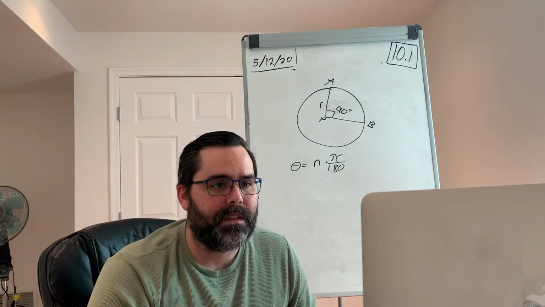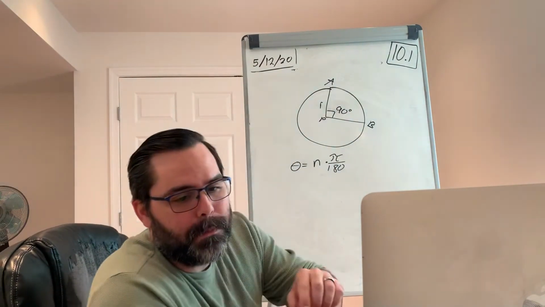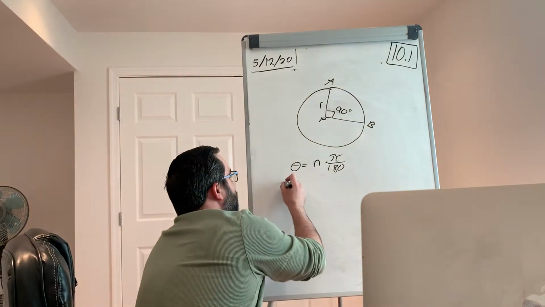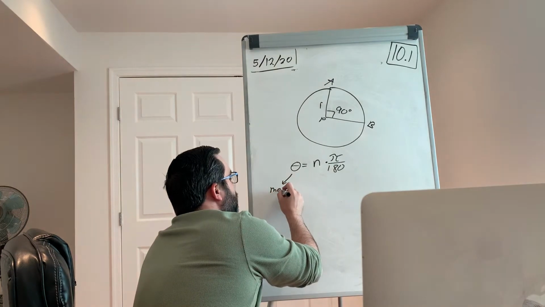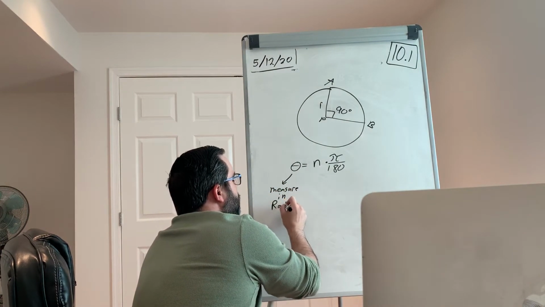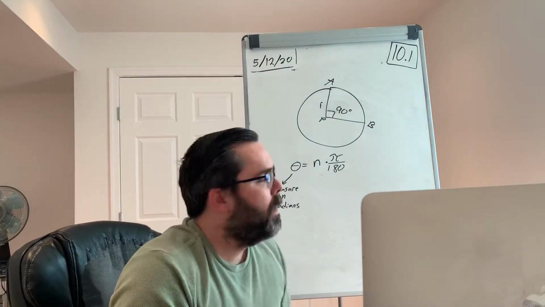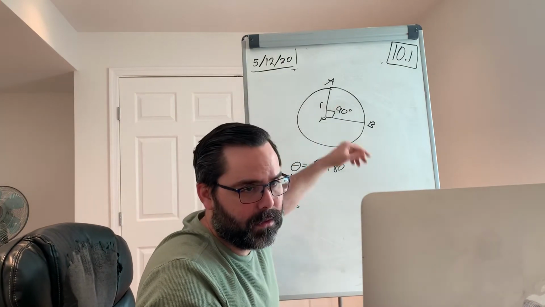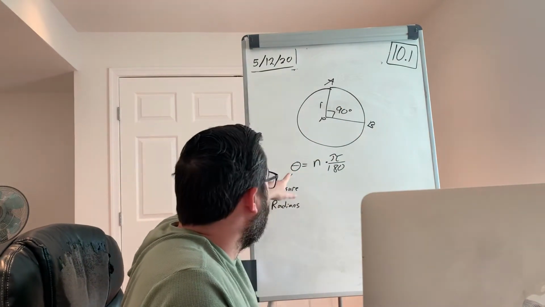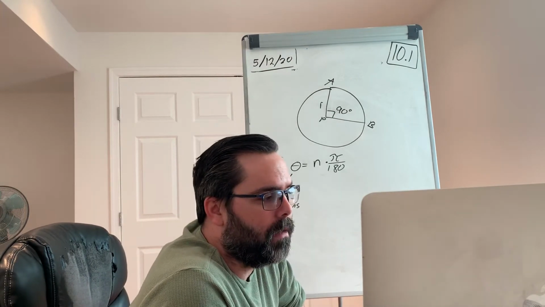Now that doesn't make much sense because you don't know what theta and n mean. Theta is representing the measure in radians. So, how many radians is this angle? That would be represented by theta, okay? N represents the measure of the angle in degrees.